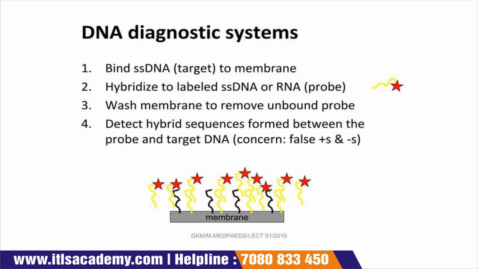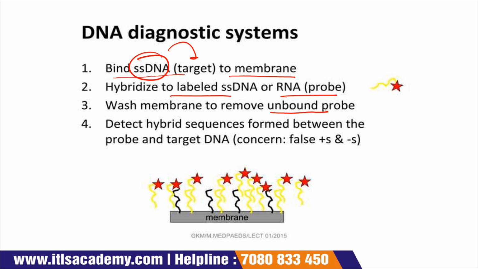DNA diagnosis system. How does this DNA diagnosis system work? Bind single-stranded DNA target to a membrane. Single-stranded DNA is the targeted DNA. Then hybridize with a labeled target DNA or cDNA probe. Then we wash the membrane to remove unbound probe.